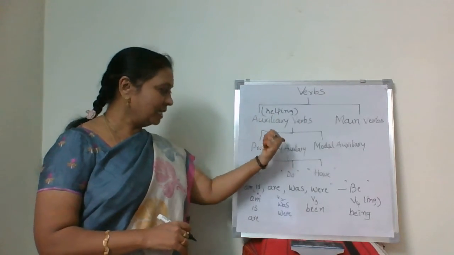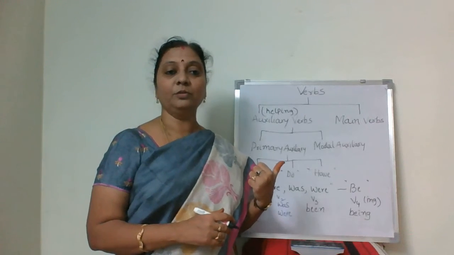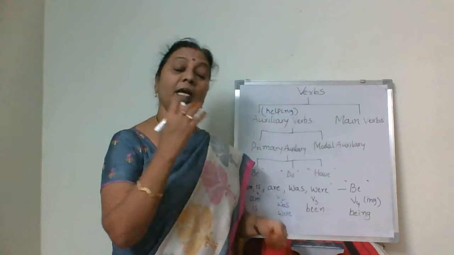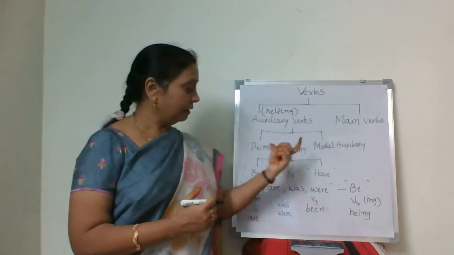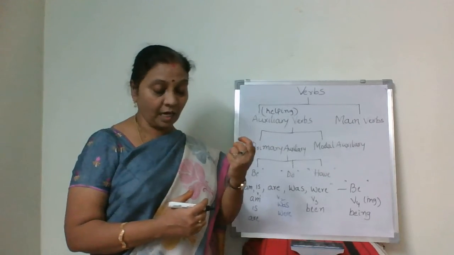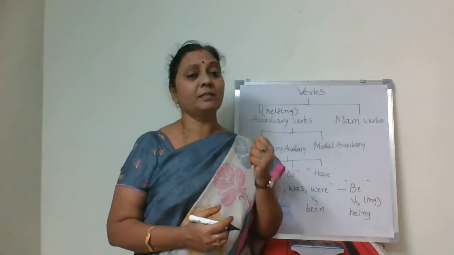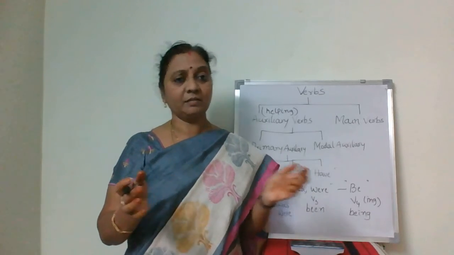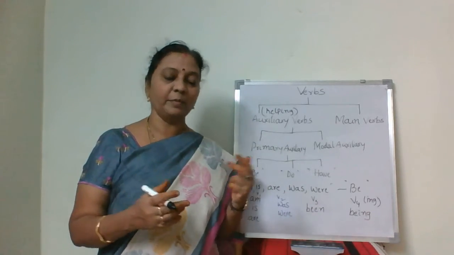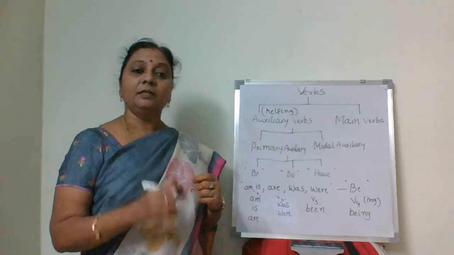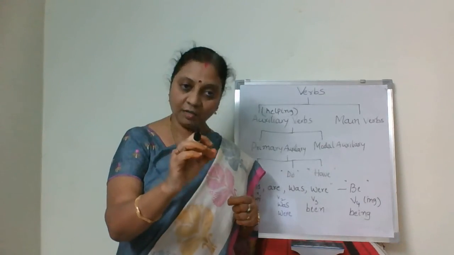Auxiliary verbs are further divided into two: primary auxiliaries and modal auxiliaries. Again, try to catch by name: primary. What is the meaning of primary? There are so many meanings, basic, foundation, but for us it is the main thing or chief one.